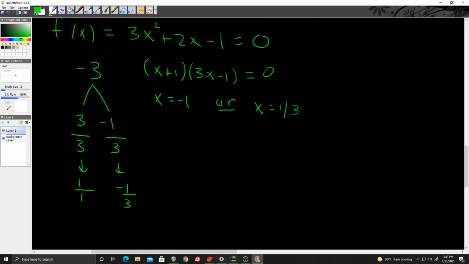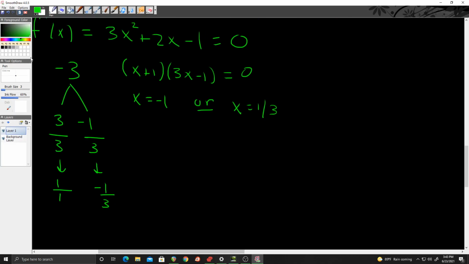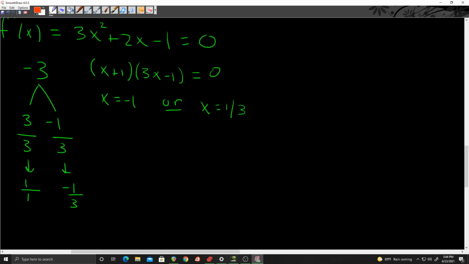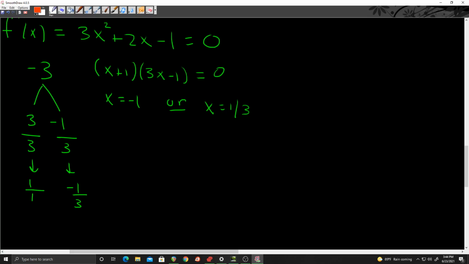Okay? So what we're going to do is we are going to split the domain according to our solutions. And, you know, if you had me in pre-cal, we did this all the time. And we did it for this kind of reason, because you have to do it in calculus. Here we are. All right. From the domain, negative infinity to infinity, the first solution we encounter is going to be negative 1.